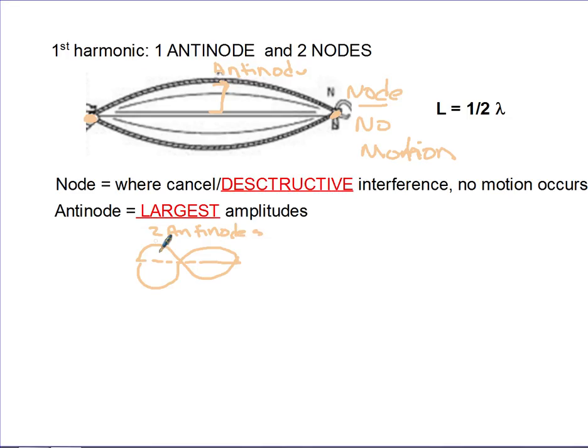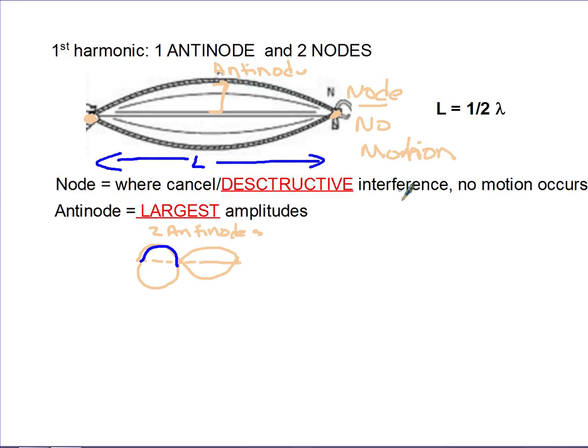So this right here, you can see, is only 1/2 of a wavelength. So what I recommend you do is, when you do these, you take this distance right here and you call it L. And you identify how much of a wave do you have.